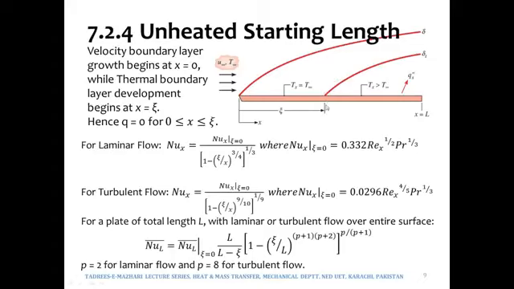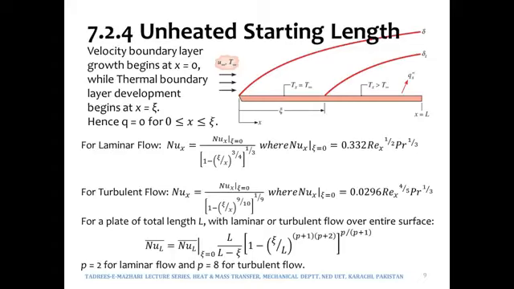Rather, it starts from a certain point, after a certain distance xi or zeta, whatever you like to call it, has elapsed. Let's go over the equations first, and then we will discuss how we can have such situations.